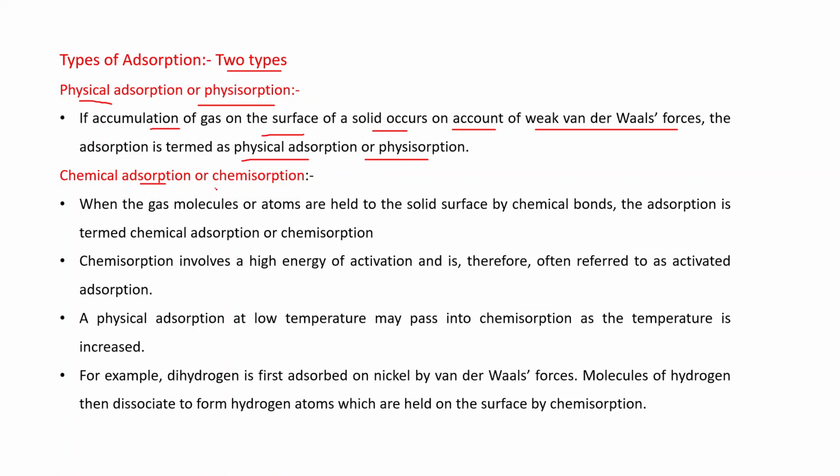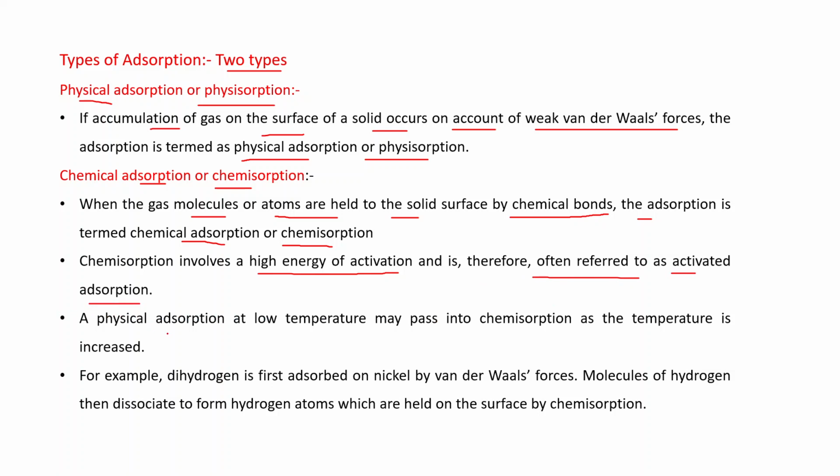Chemical adsorption or chemisorption: when the gas molecules or atoms are held to the solid surface by chemical bonds, which may be ionic or covalent, the adsorption is termed as chemical adsorption or chemisorption. Chemisorption involves a high energy of activation because it involves bond formation, so it is often referred to as activated adsorption.